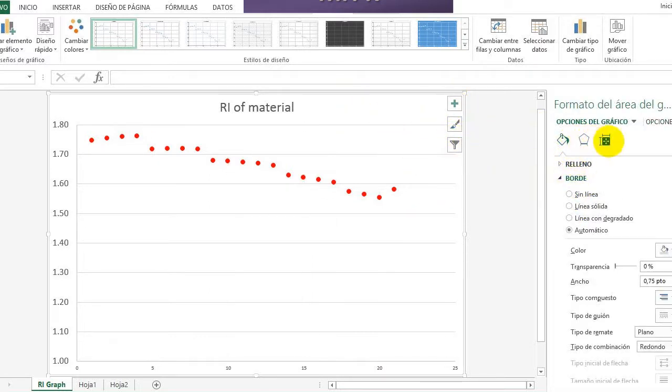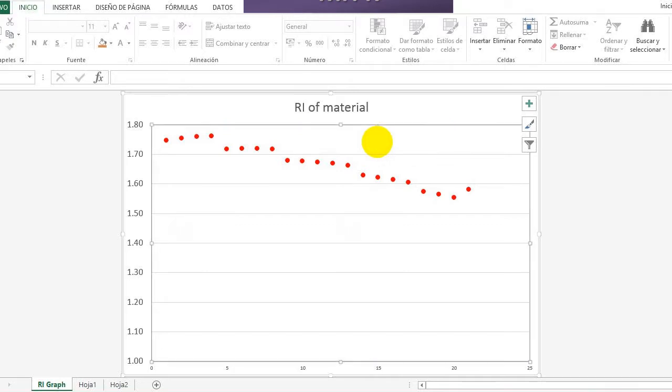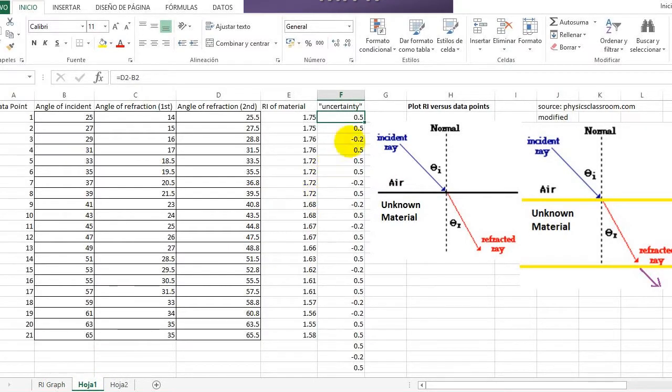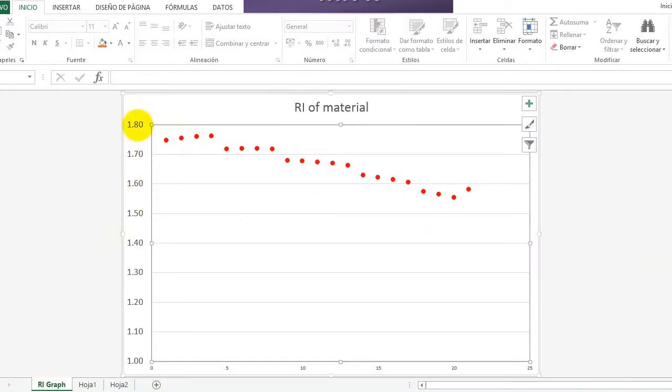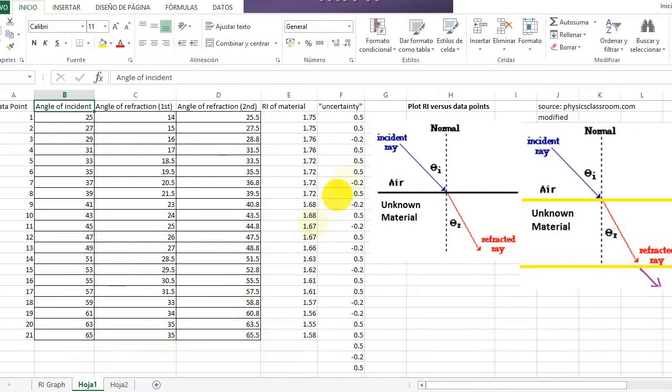All right, let's see. Next, I will deal with uncertainty. The uncertainty, though, I do need to do one more calculation. This uncertainty that I have here is the uncertainty in the angle, but for my graph, I don't want the uncertainty in the angle, I want the uncertainty in the refractive index.